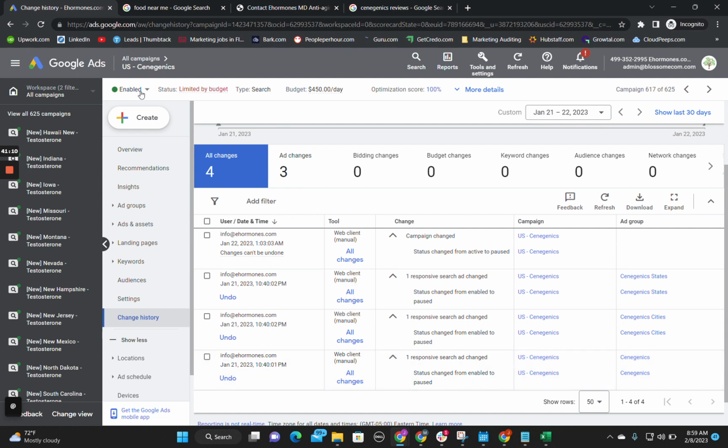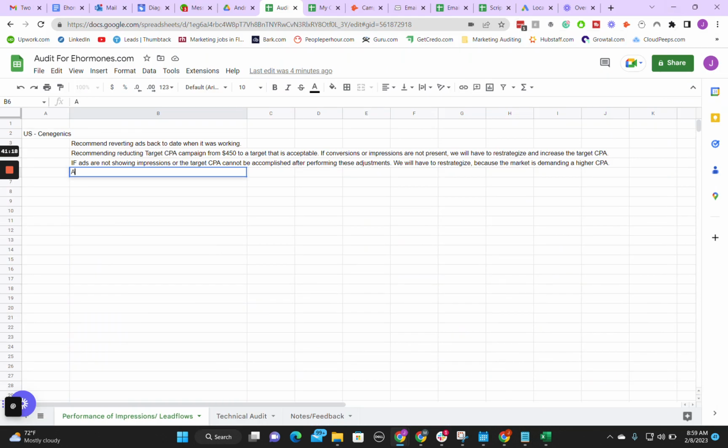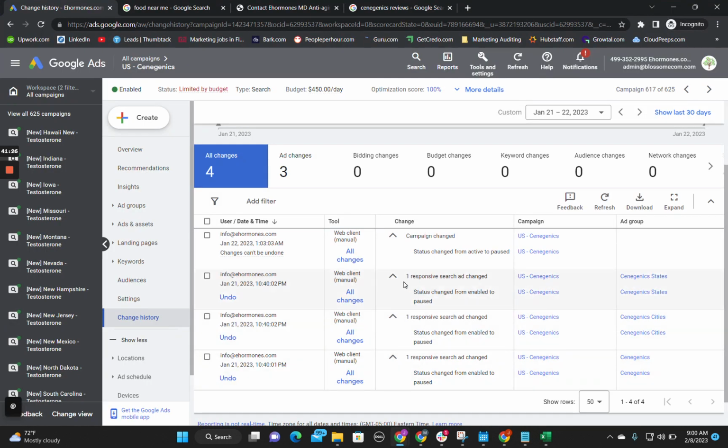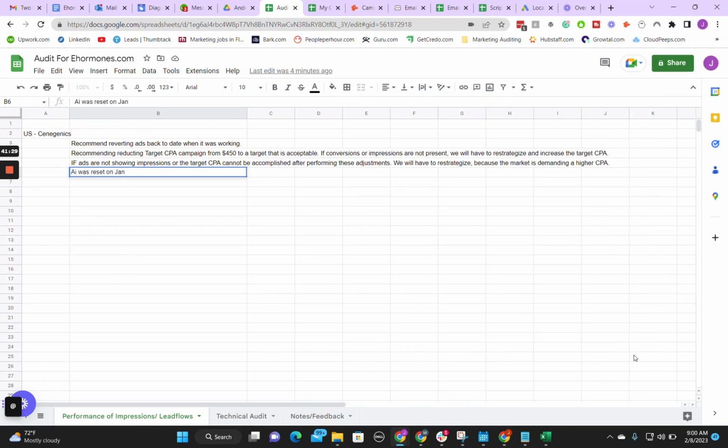Instead of just turning it off outright, you want to turn this down to $5 a day so that the AI does not reset. So we're going to say here, AI was reset on January 21st, recommending not pausing campaigns in the future, but reducing the budget to $5 per day instead.